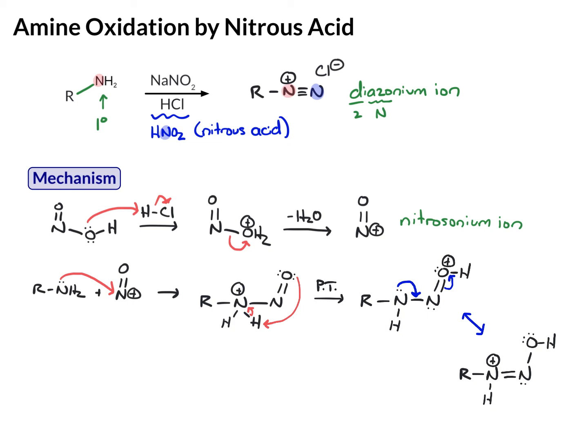From here, we're going to do something similar to get this second hydrogen off of the nitrogen. I'll use a lone pair on the OH and just do another proton transfer. So I'm going to take this hydrogen from the nitrogen.